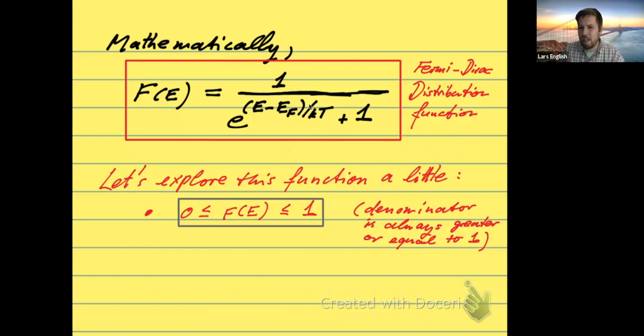And if this exponential gets very, very small, then we approach 1 over 1, which is the other limit, namely 1. Okay, so that seems to work out pretty well. So then the next thing that we want to do here is to look in the limit of T going to 0. So at absolute 0 temperature, 0 Kelvin.